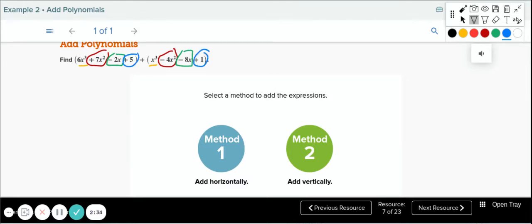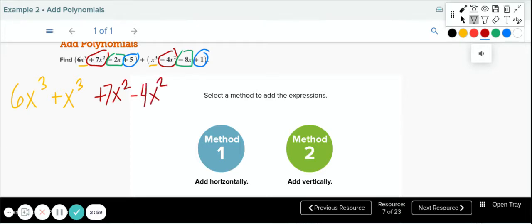So if we are going to set this up horizontal, we're going to write it out so that we combine the like terms. So we're adding those first two terms of x cubed. Then we get the red one. So we have plus 7x squared minus 4x squared.